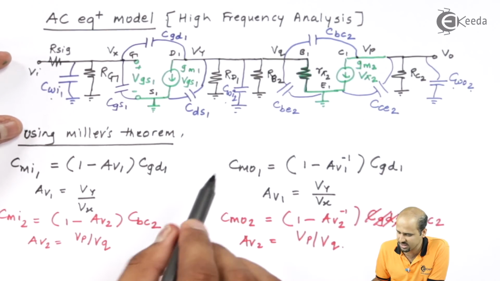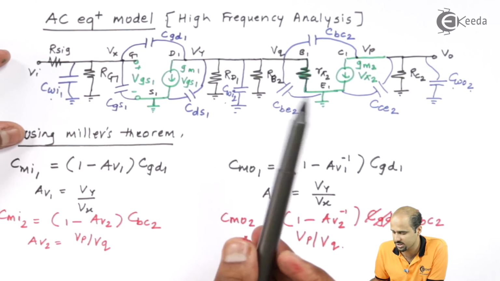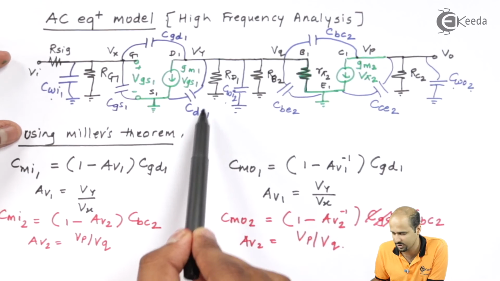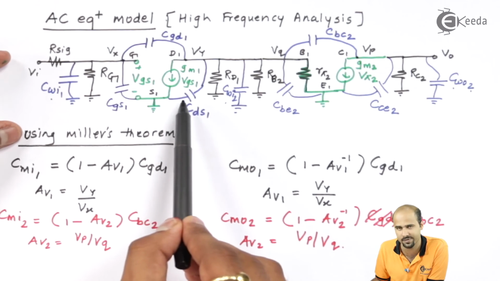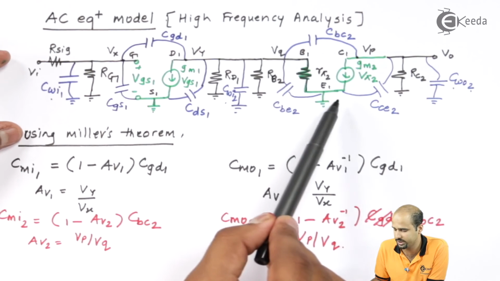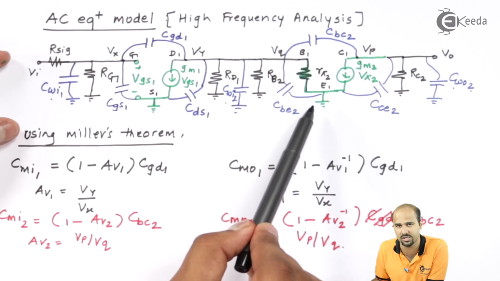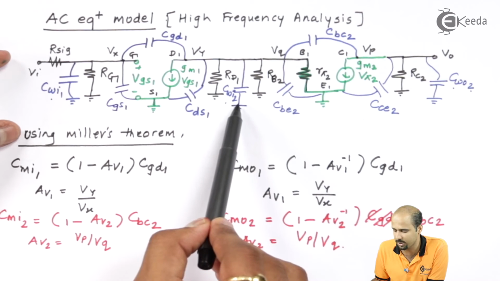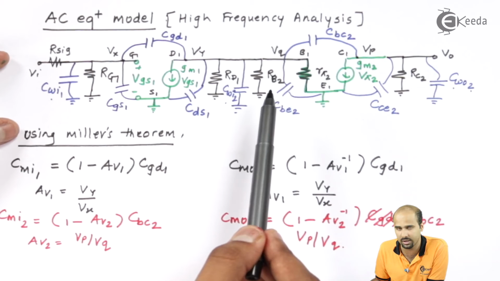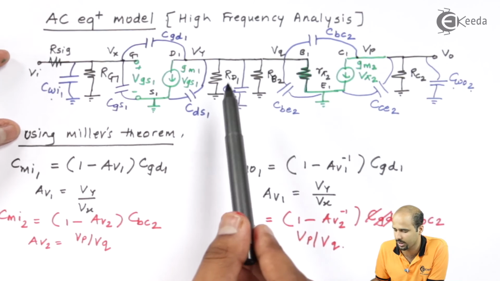Now as far as capacitances are concerned, so many capacitances are involved in this particular RC network. One is CDS1, that is in between drain and source of stage 1, CBE2 is the base and emitter of stage 2, and another capacitance placed in parallel is CWI1, CWI2 or CWO1, any one name with which we can place this particular capacitor.